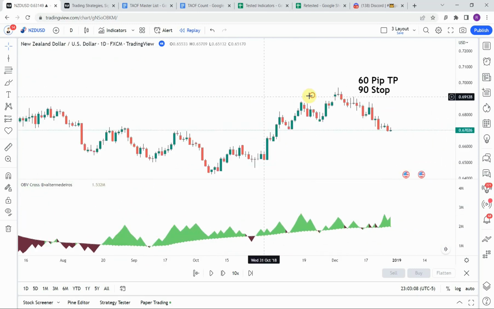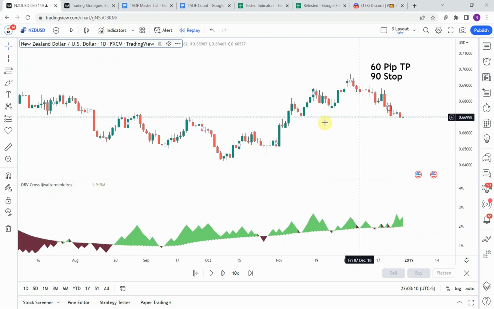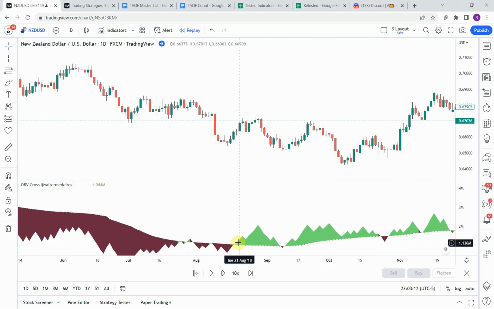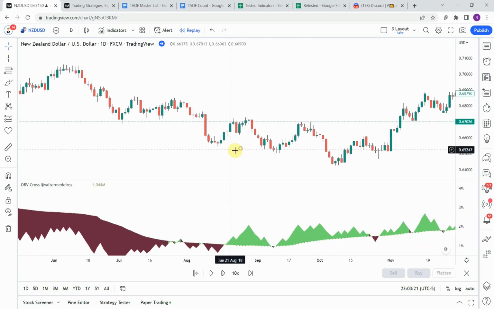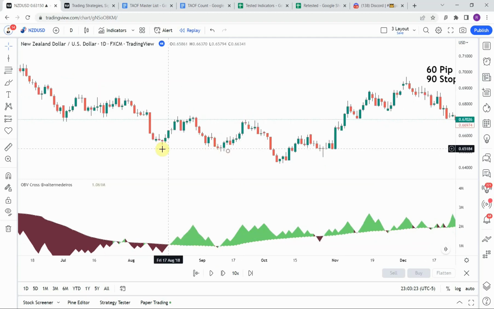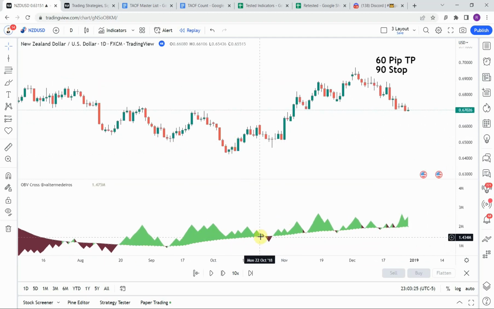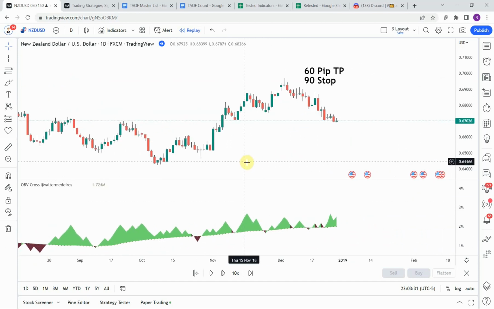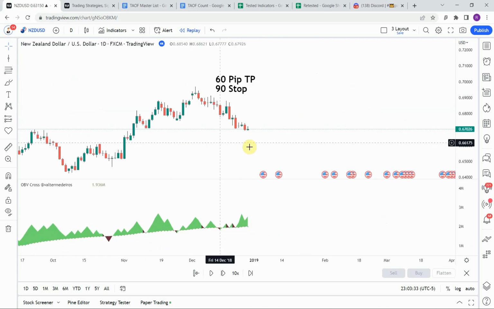That's basically what we are looking for. When we get a push to the upside and the green coloration in the background, the cross to the upside of that dotted line, then we are going to go long. When we get a cross to the downside of that dotted line and the dark maroon colored background, then we are going to go short.